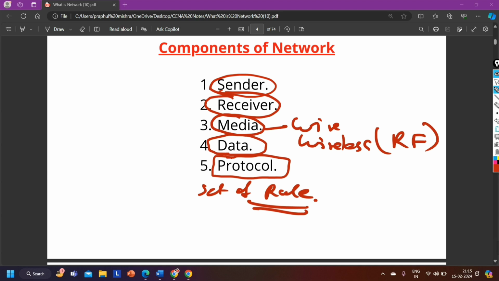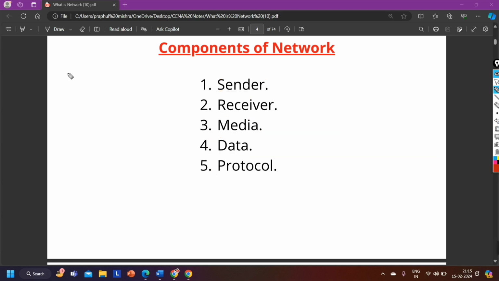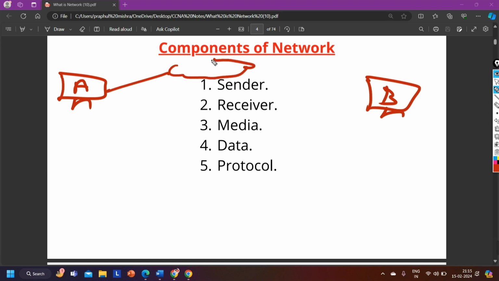Let me give you one example. Let's say I have two devices, PC1, PC2, or PCA, PCB. Both are connected together, let's say through internet. IP address of PCA is 10.1.1.1. IP address of PCB is 10.1.1.2.